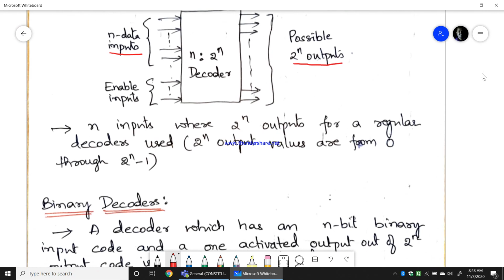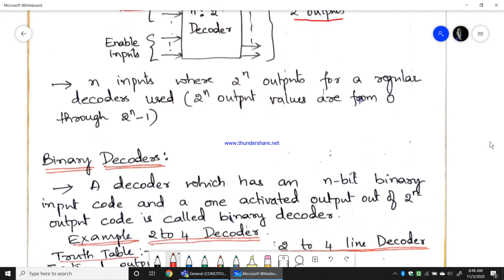That would not be the scenario always, but normally with n inputs we will have 2 power n outputs. The output values will start from 0 till 2 power n minus 1.